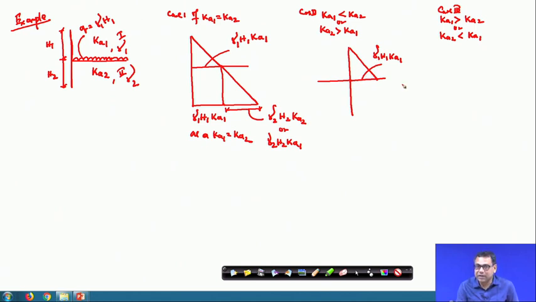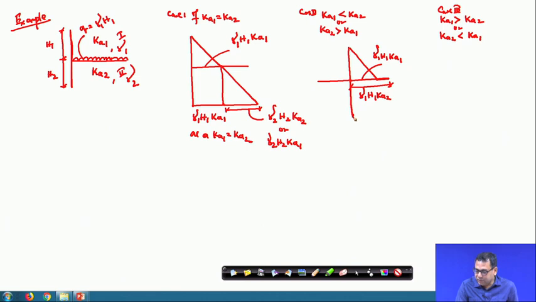Corresponding to the second layer, gamma 1 H 1 acts as a surcharge, now multiplied by Ka 2, and Ka 2 is greater than Ka 1. So your earth pressure will increase, you will go in this direction. This is very important. So this value is gamma 1 H 1 into Ka 2.